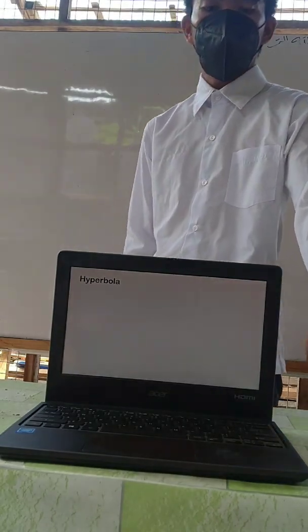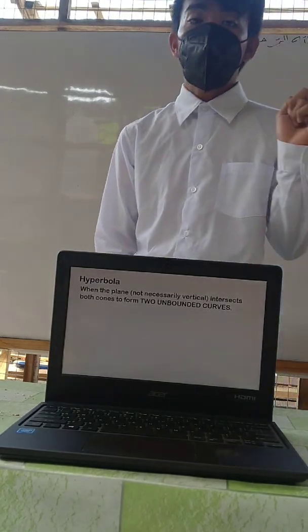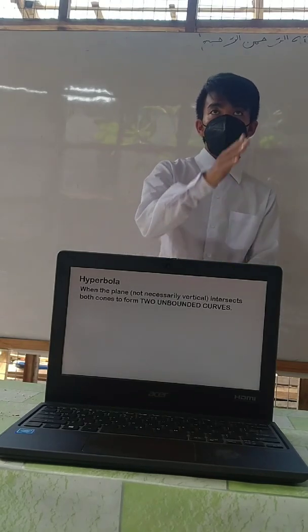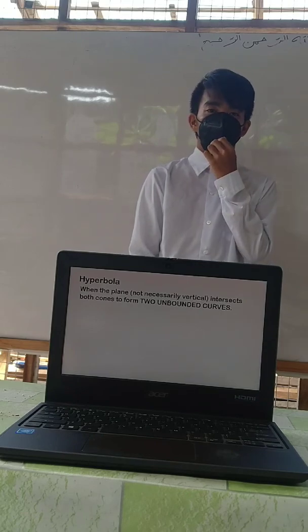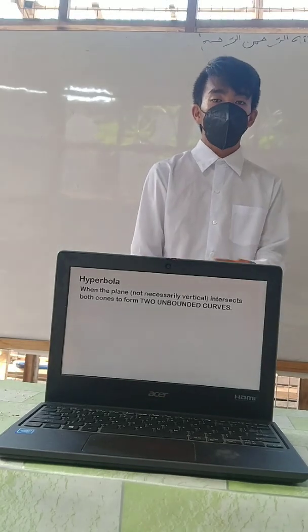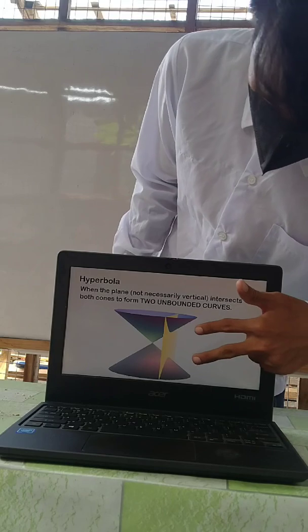Hyperbola is formed when the plane intersects, not necessarily vertical, maybe it's slanting, and it forms two unbounded curves. This is the illustration.